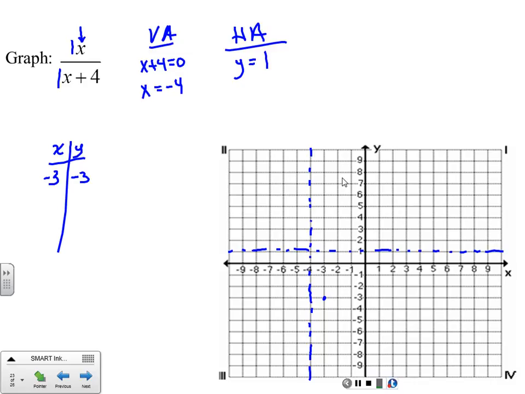What if I plug in a negative 5? What quadrant are we in? 2 and 4.